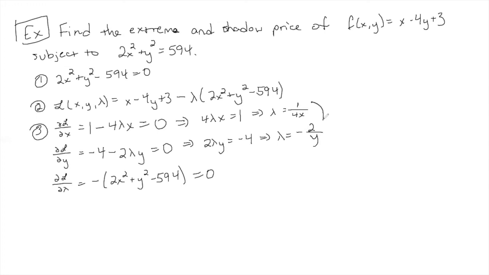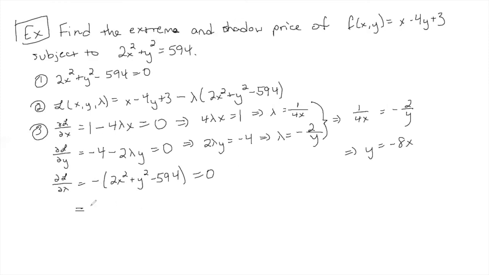What do these two give me together? 1 over 4x equals negative 2 over y. Cross multiplying, I get y equals negative 8x. This is the substitution I'll use in the constraint, and I can do it right here. I'll just multiply both sides by negative 1, and that'll be gone.